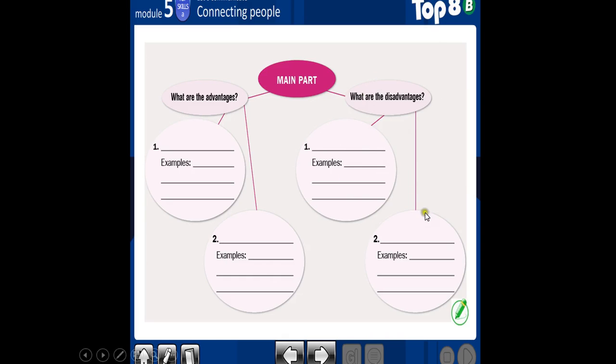Number two, you can say it wastes time because of smartphones. There are a lot of games and the internet, you're chatting, playing games, and you stay up late without studying or sleeping, so it wastes your time. This is one of the disadvantages. So you organized here your ideas, the advantages and disadvantages.